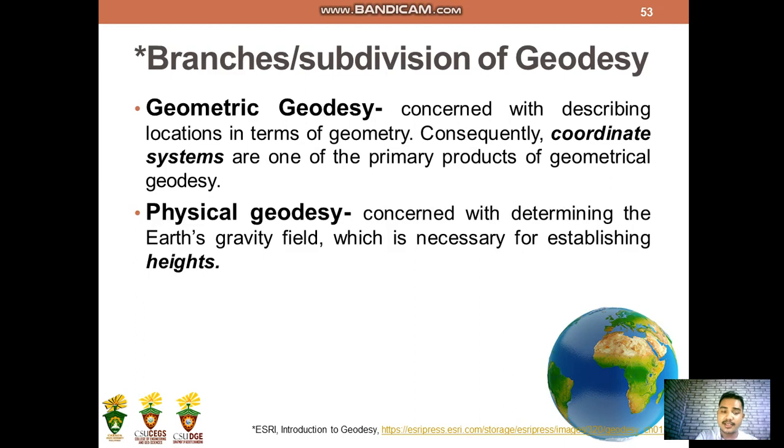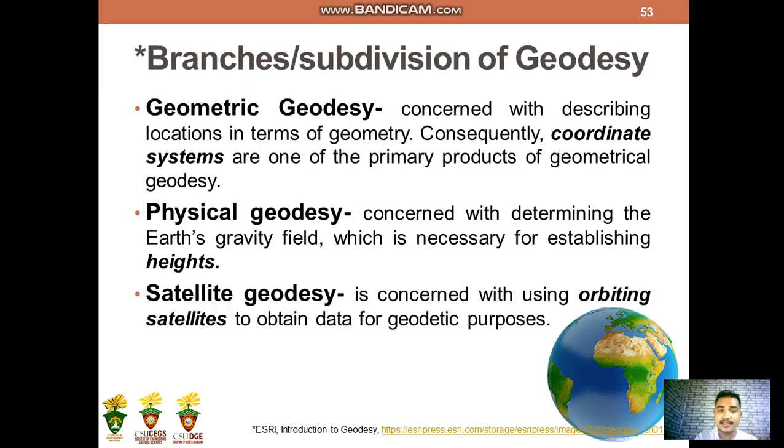Next is physical geodesy, the next subject you are going to take up. It is concerned with determining the Earth's gravity field, which is necessary for establishing heights. You will study the different gravity fields and heights so you can establish the z coordinate of the three-dimensional position, which is the height.